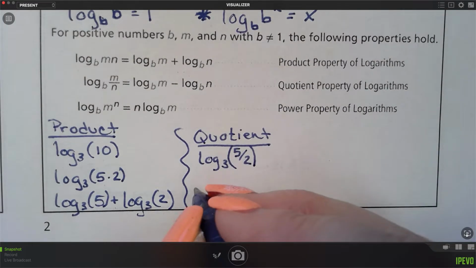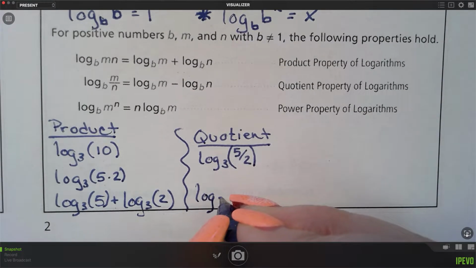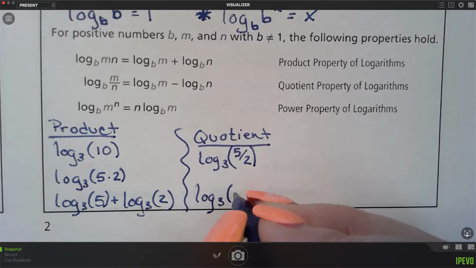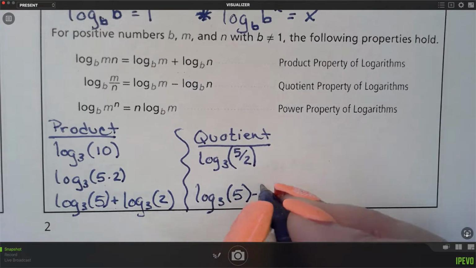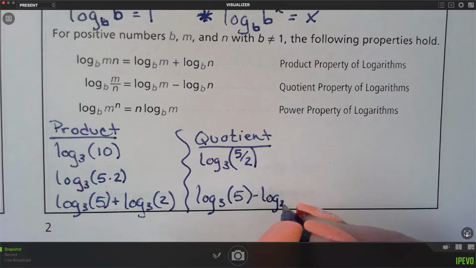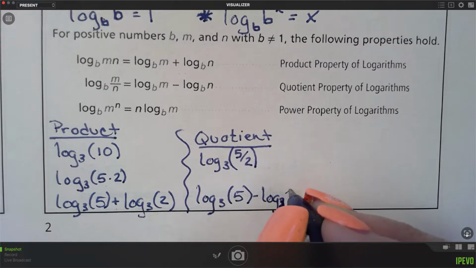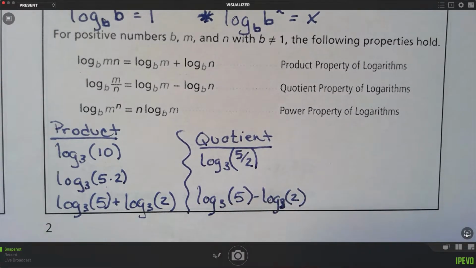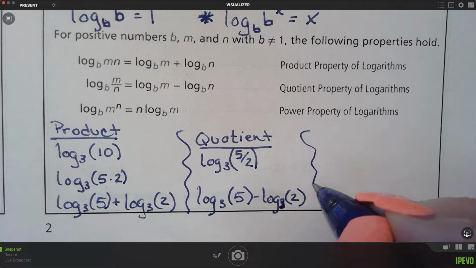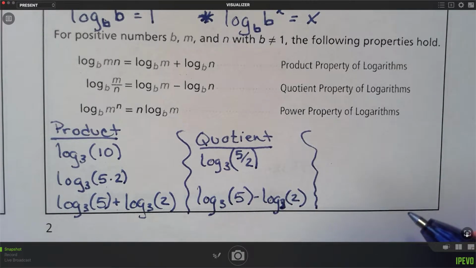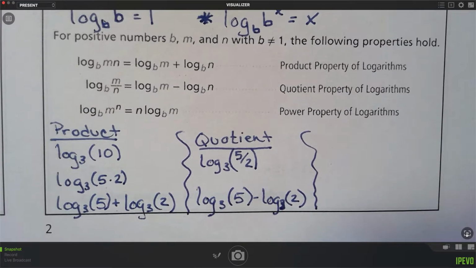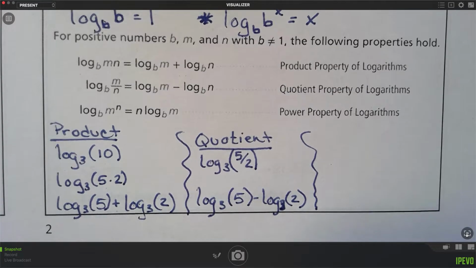So log base 3 of 5 minus log base 3 of 2. Oops, it's a 3. Yep, when you're expanding, yep. Now, you will have more, like I said, we're going to combine these rules. I'm just doing very, very basic ones.